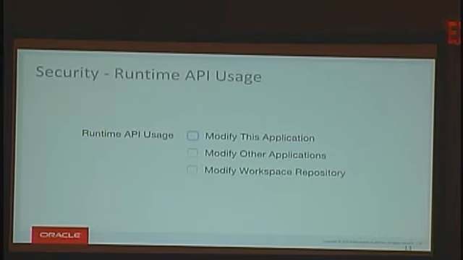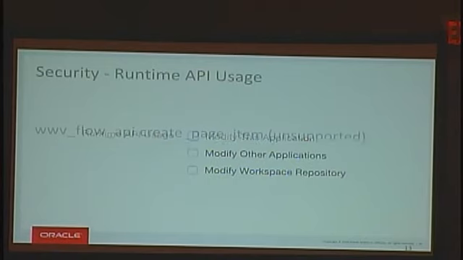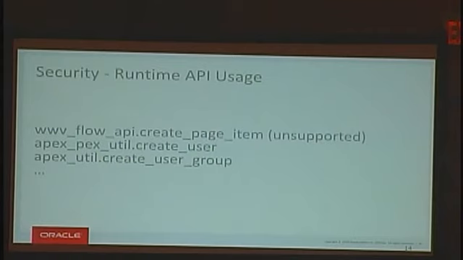And that's something we figured there has to be a way, and most of the time you don't need to modify your existing application. That's why we introduced this application setting to prevent APIs like WWV_FLOW_API CREATE_PAGE_ITEM or CREATE_PROCESS from working if that flag is not set.